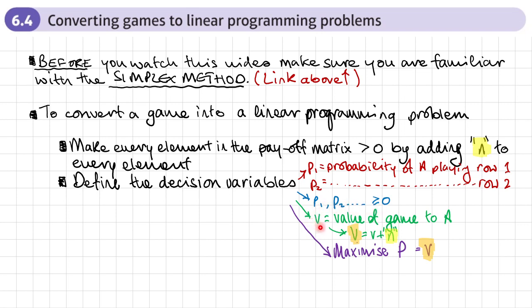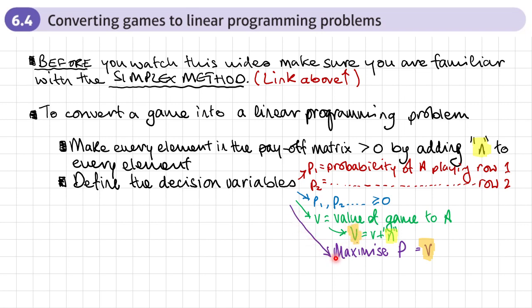We then need to work out the value of the game to A. Little v here would be the original value of the game to A. That's the original payoff matrix, but remember we added n to every element, so big V is the original value plus n, this number that we added to make all the elements positive. So big V is the transformed matrix value.